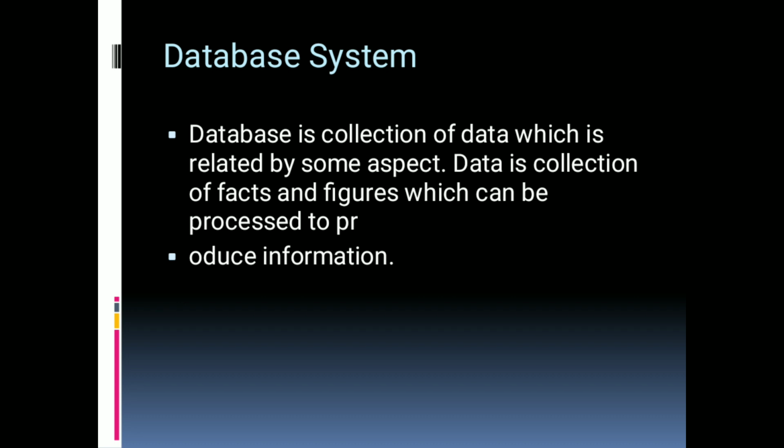So for example, we'll see, data is a collection of facts and figures which can be processed to produce information. So a database is a collection of data which is related by some aspect.